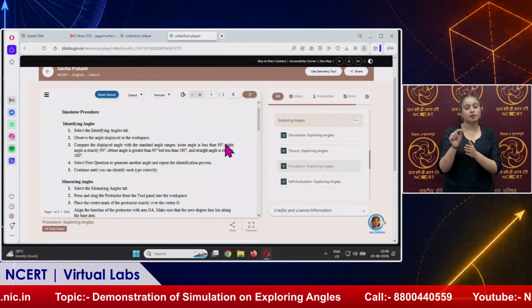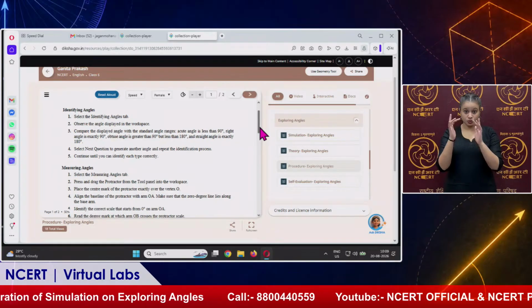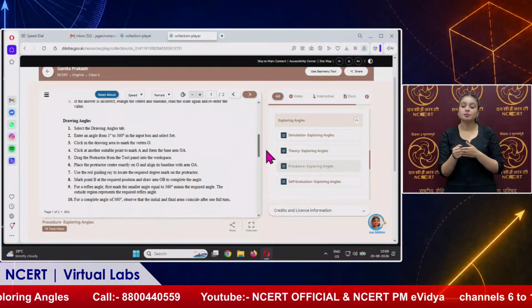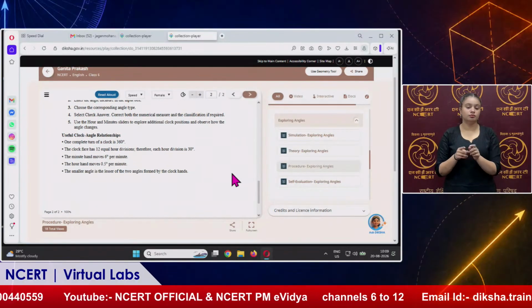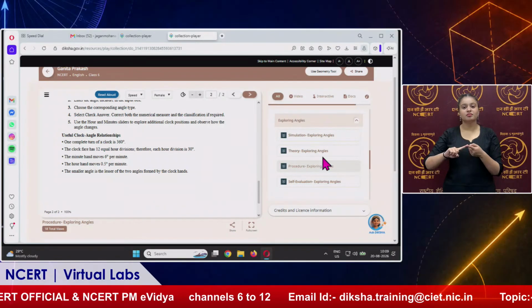So if the user is a first time user, they have to clearly read and understand this procedure, how to navigate the entire activities. It is just like an index for first time users.